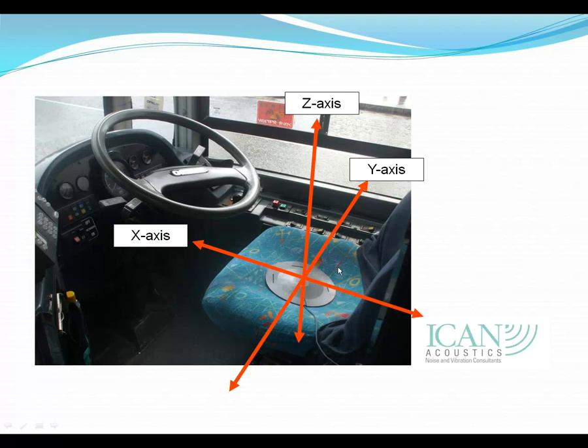So again, when you're measuring that, the instrumentation has weightings applied to all of these axes. So it corrects for the human body's susceptibility to vibration, for example, in the vertical, as opposed to the horizontal, thus the X and the Y axis. So that is important, and it's an important element of the measurement process.